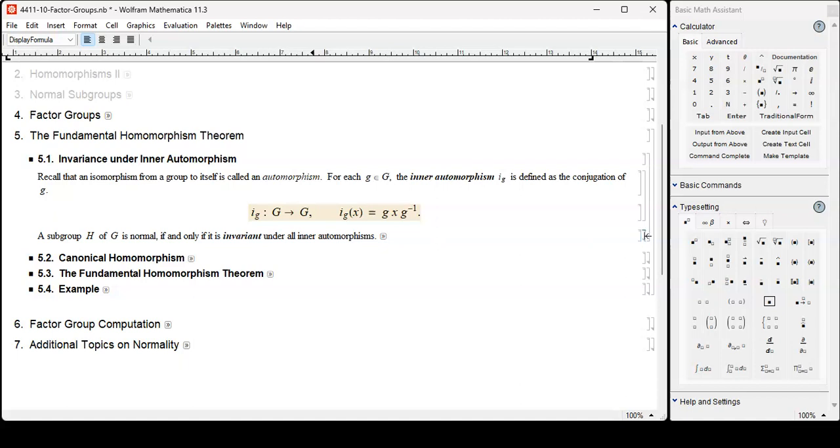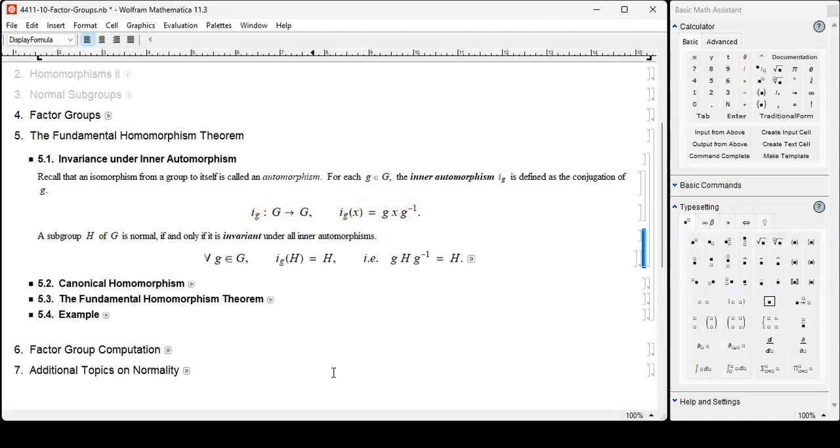And in terms of this inner automorphism, we can redefine the normality like this. A subgroup H of G is normal if it is invariant under all inner automorphisms. What do you mean by invariant? This one right here, which I just highlighted in blue. The set stays as itself.